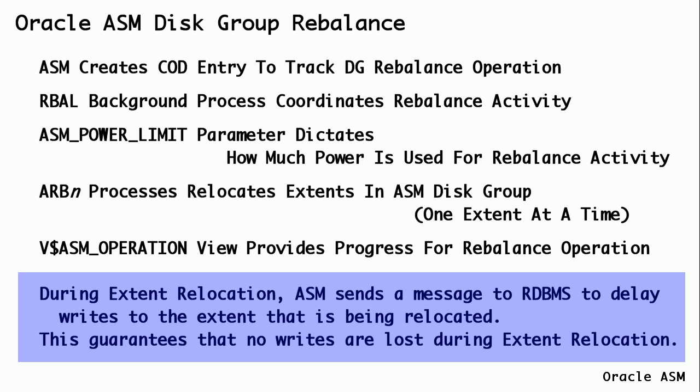ASM sends another message to the database instance after ASM completes the extent relocation. The database will complete any pending writes to the new extent location. The database can now continue to read and write to the new extent location. This guarantees that no writes are lost during extent relocation. If an ASM file is closed and not being used by the database instance, then ASM can quietly relocate the extents to the new location.